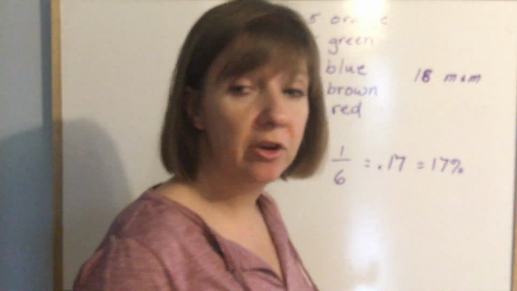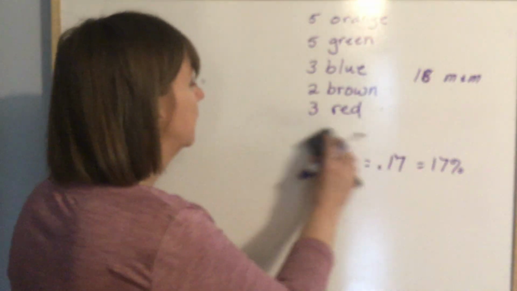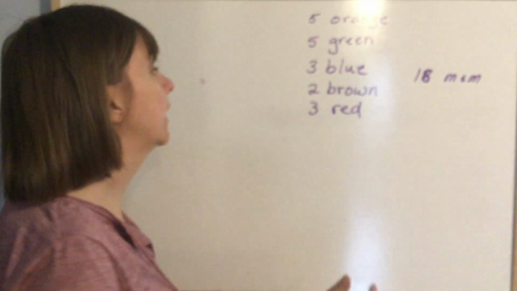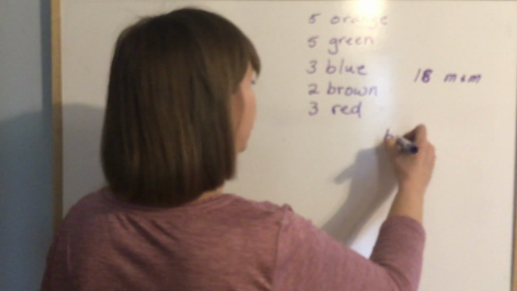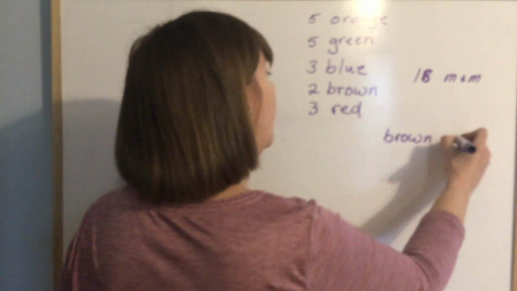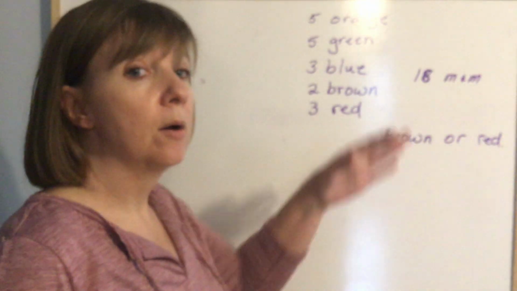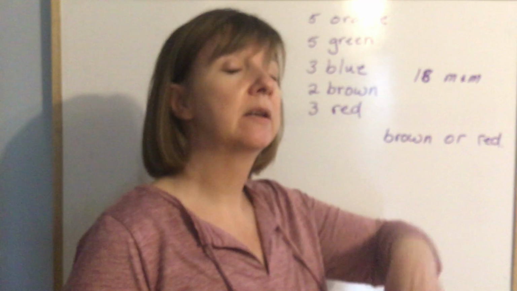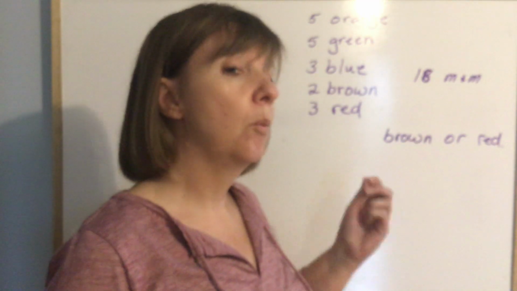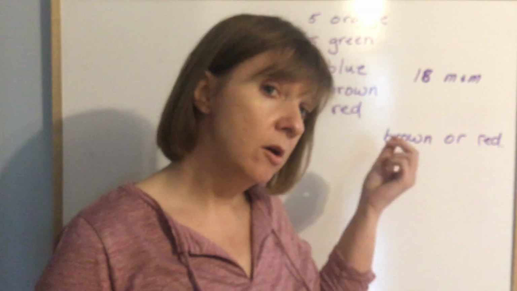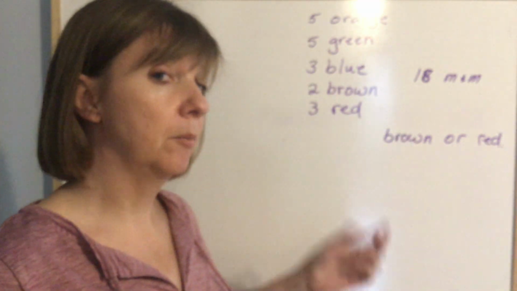But what if I change the wording a little bit? What is the probability that I get a brown or a red? When I close my eyes and pull out an M&M, what is the probability that in my hand I'll have either a brown one or a red one? I'm only doing this once.